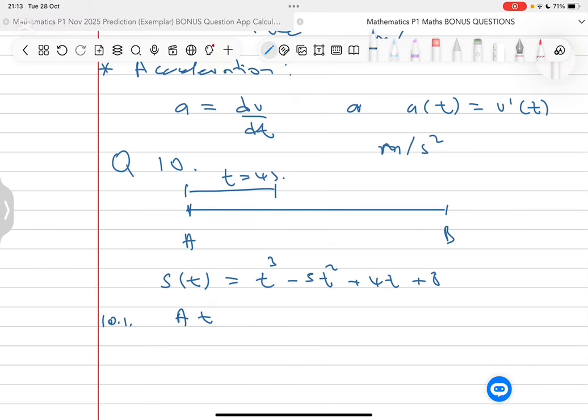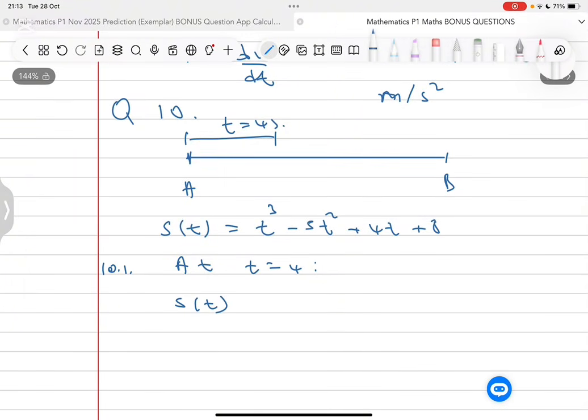We're going to say at t equals 4 seconds, our distance or displacement will be defined as S(4). Then we're going to have 4 to the power 3 minus 5 times 4 squared plus 4 times 4 plus 8.